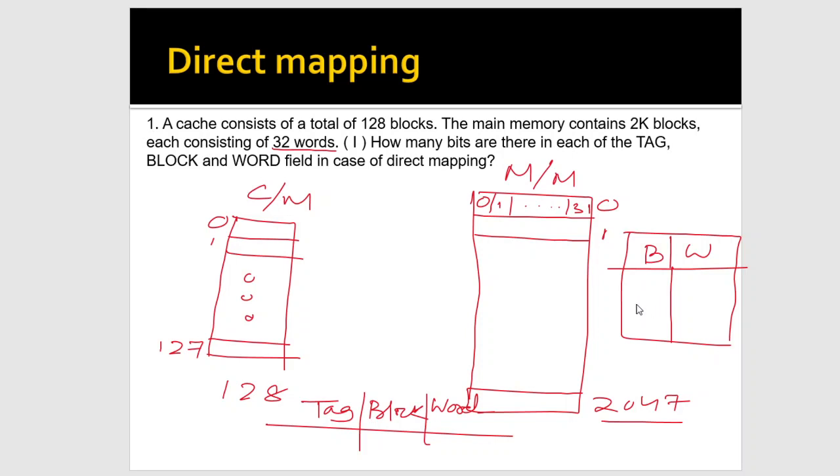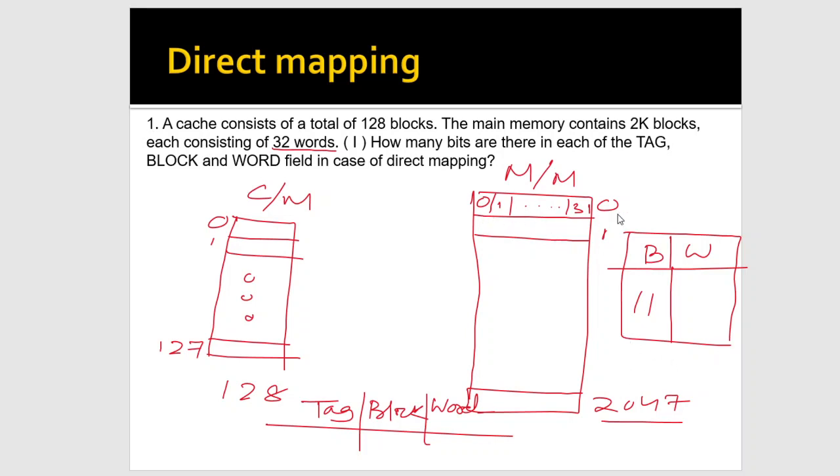So this will be 2K blocks, K means 10, so this will be 11. 11 bits are required to represent the number 2048.